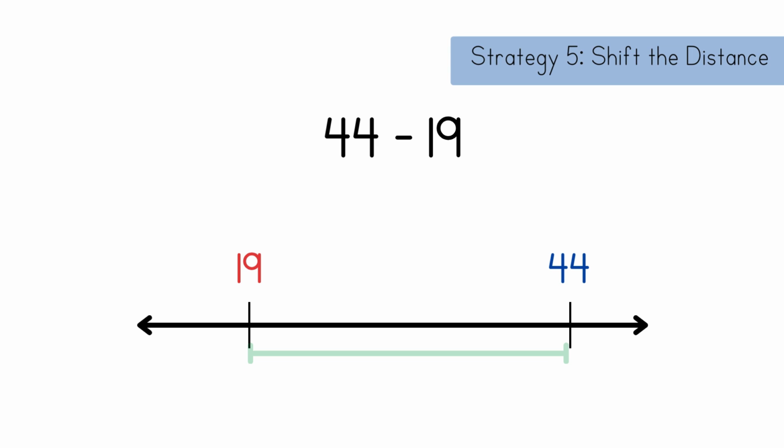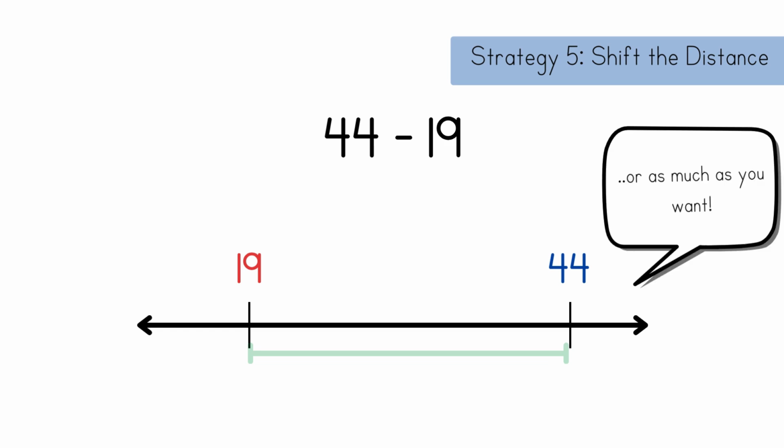Last strategy, shift the distance. 44 minus 19. Let's just right away look at this on a number line because I think it'll help you see the strategy better. If we're thinking about finding the distance between 19 and 44, what if I just shifted that entire distance up or down? I can shift it up and down by 1 or 2 or 4, but let's just shift it by 1.